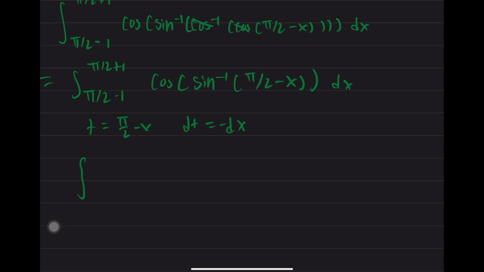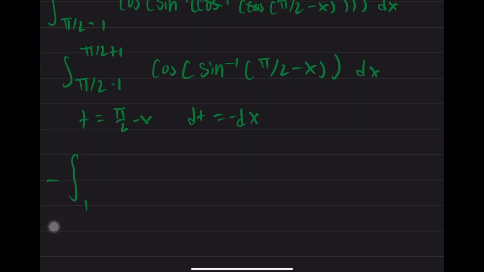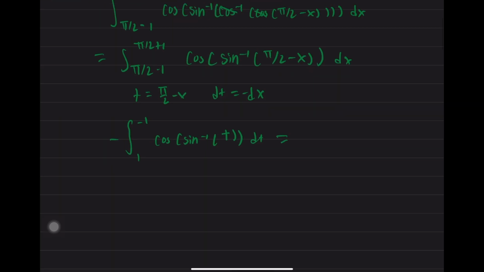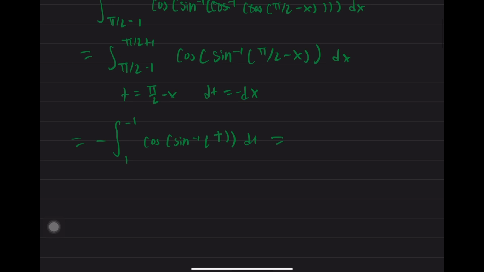Pi over 2 plus 1 minus pi over 2 is 1, and pi over 2 minus 1 minus pi over 2 is negative 1. So this is now the integral from negative 1 to 1 of cosine of sine inverse t dt.